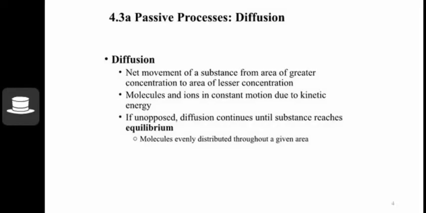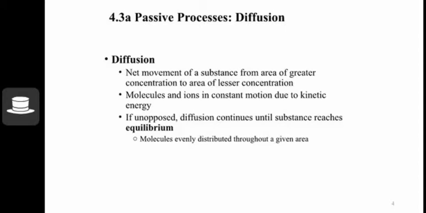So diffusion is going to be the net movement of a substance from an area of greater concentration to an area of lesser concentration. So imagine, if you will, you're in a large empty room and you take some lemon-scented air freshener and blast a bunch of it into one corner of the room.